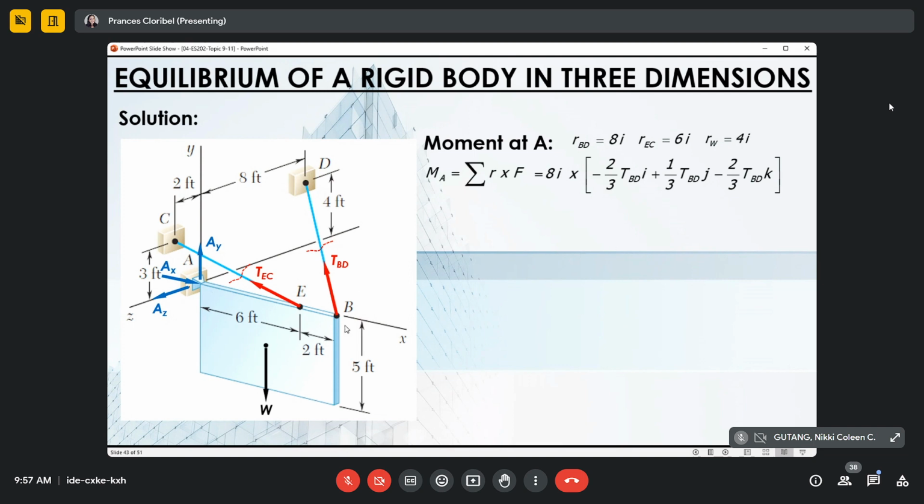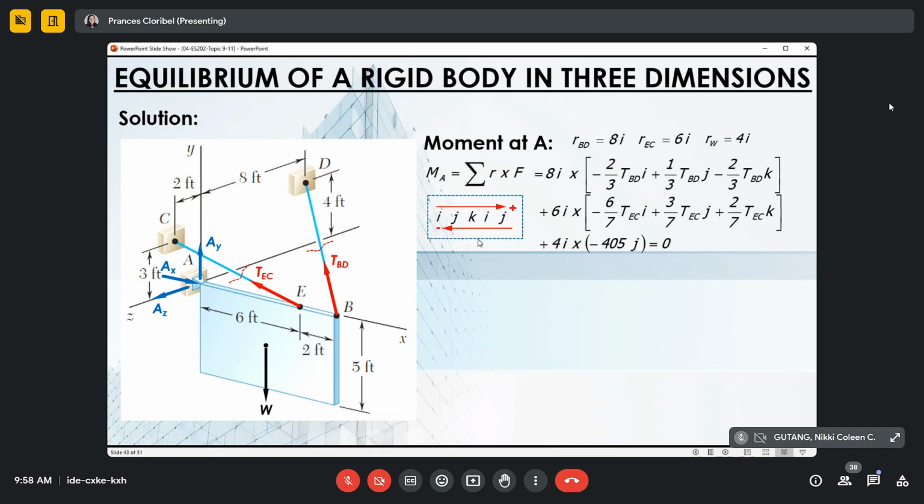Next, our tension EC, position vector times force vector. For our weight, position vector times the force vector. The reactions at A have no contribution, so they become zero. Equate this to zero, and after equating it to zero, simplify.